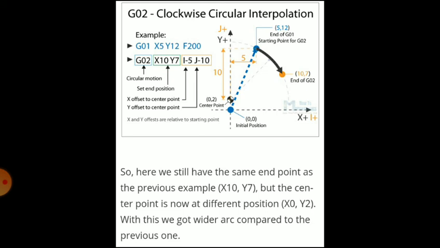Then you have to move the tool in an arc. So for the arc, the starting point is 5,12, and the end coordinates of that arc are 10,7. So you have to move the tool from the starting point to the end point in a clockwise direction. You can see the direction, that is a clockwise direction.